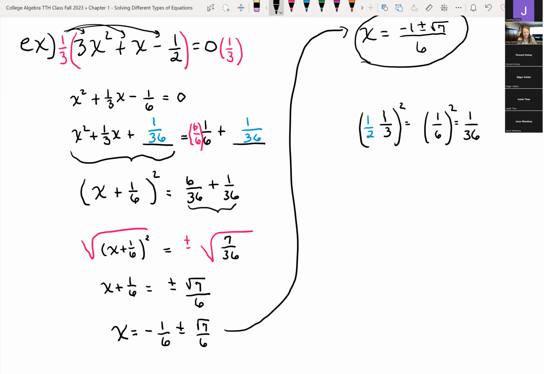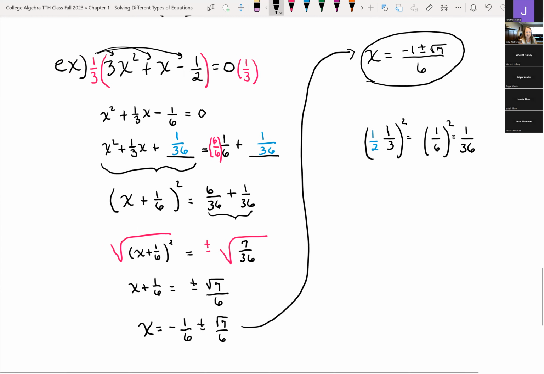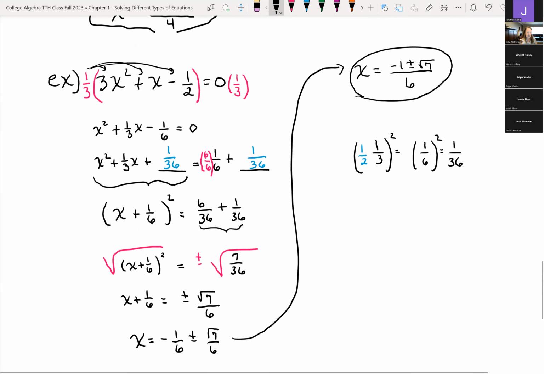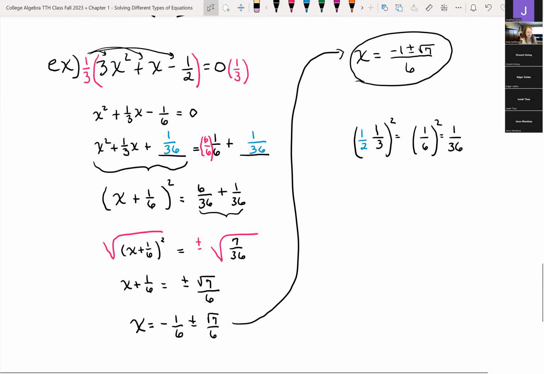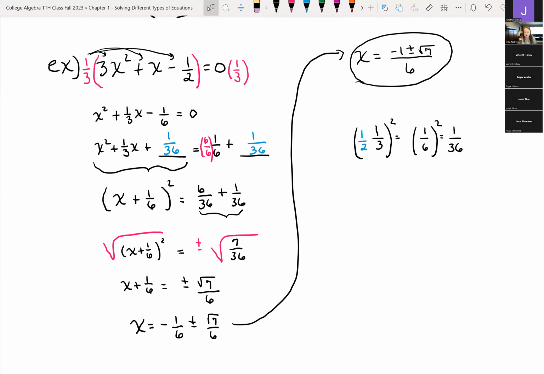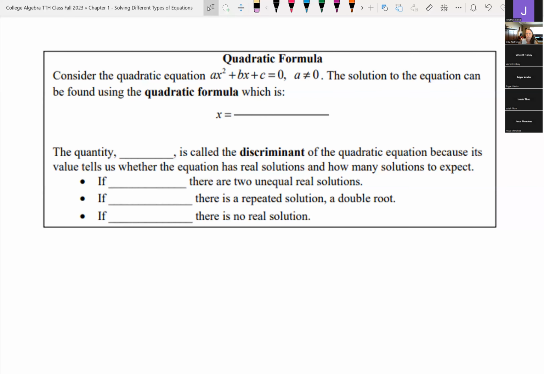So the other method is the quadratic formula. We did derive it and we did write it down, but before we use it, let's look at the rules for the discriminant. In front of us, we have: consider the quadratic equation ax squared plus bx plus c equals 0, where a can't be 0.